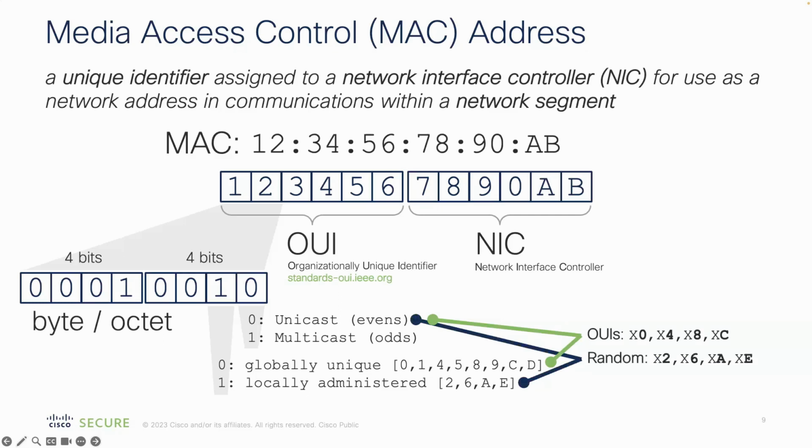And that's something that a lot of our mobile devices are doing these days for privacy, is they're randomizing their MAC addresses. And those you'll see with a 2, a 6, an A, or an E. So that's something interesting. And then if you ever wanted to match it in a policy, this is a quick little way of doing a random match. And I'll show you an example of that a little bit later. So that's our MAC address, and if you've ever wondered about it.